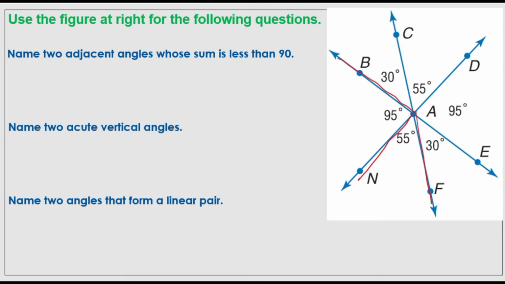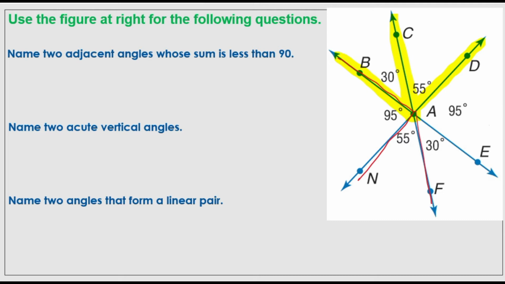So we have to find two angles that are adjacent and when you add them, they are less than 90 degrees. You can see here these two angles are adjacent, and their sum is less than 90 degrees. 55 plus 30 is 85, so we can take these two angles.